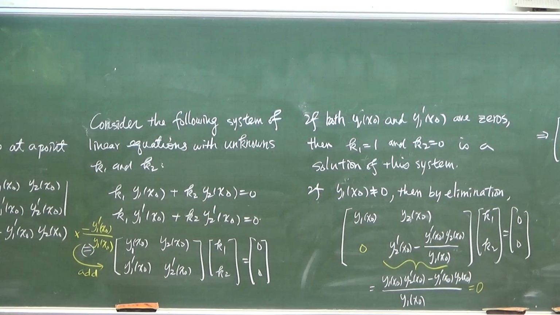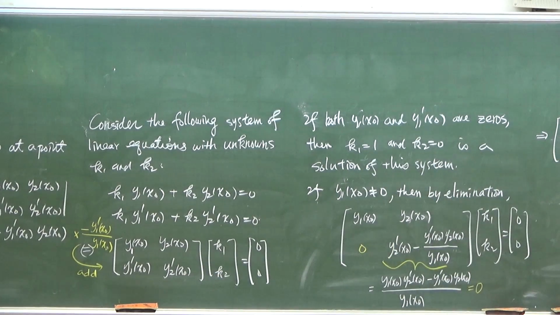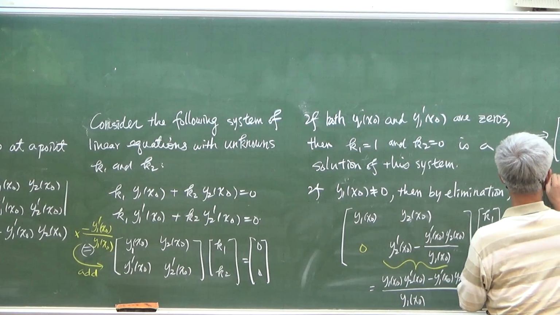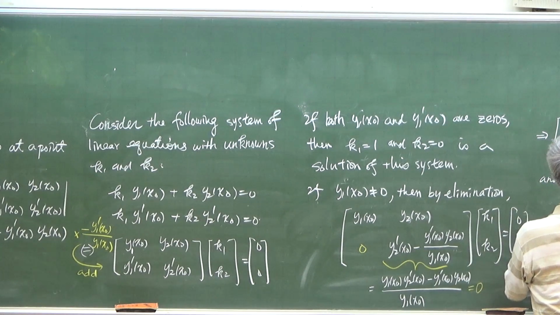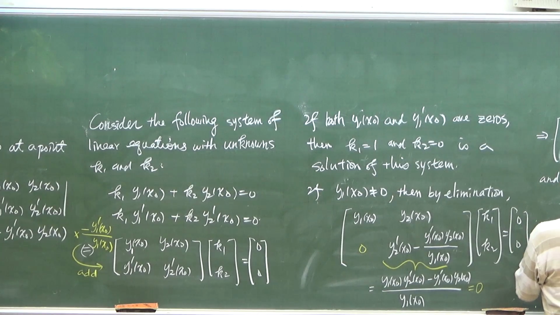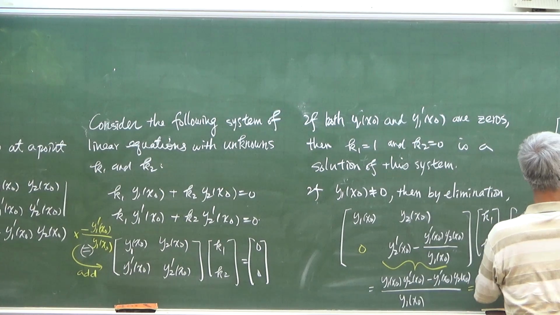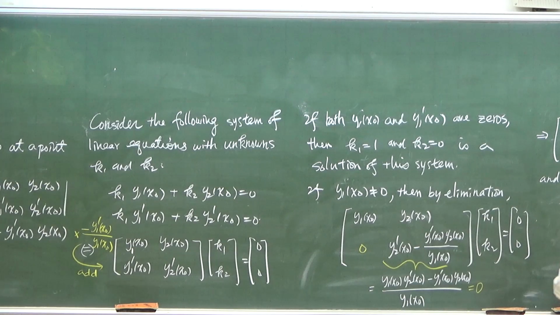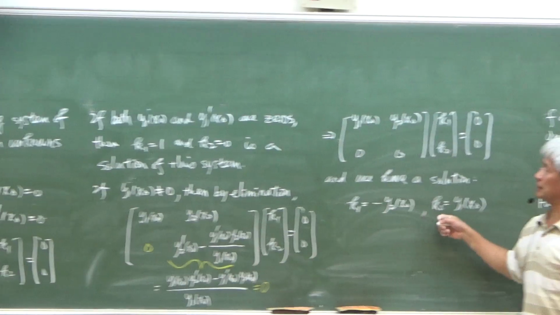So by elimination, the system of linear equations becomes an equivalent system of linear equations. So basically, we have only one, and we have a solution. The solution is that k1 can be put as y2 x0, and then k2 is equal to minus y1 x0. Okay? Right, so this is the solution.